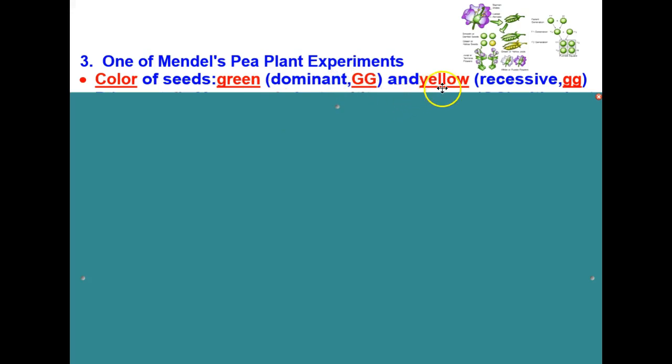There are also pea seeds that are yellow in color, and being yellow is the recessive trait. Because it's recessive and gives way to the dominant trait, we use the same letter as the dominant trait, but we make it lowercase. So we do not use Y's here, we use lowercase g's. And so homozygous recessive would be little g.